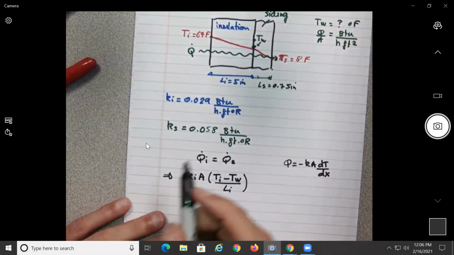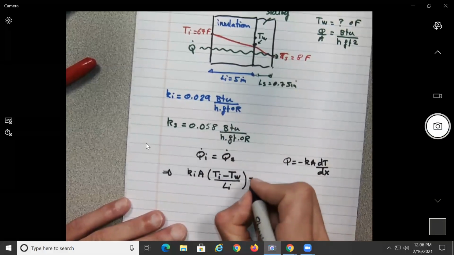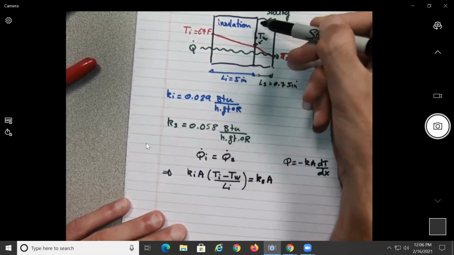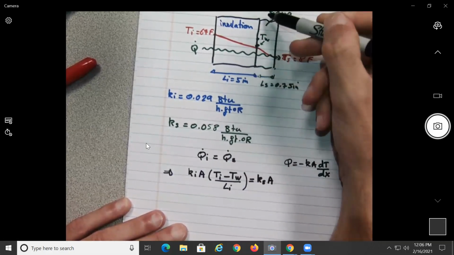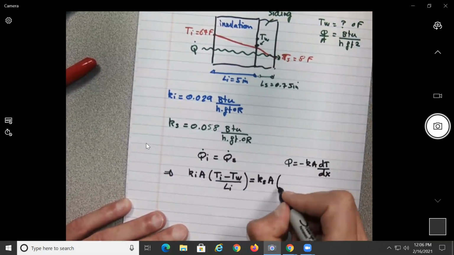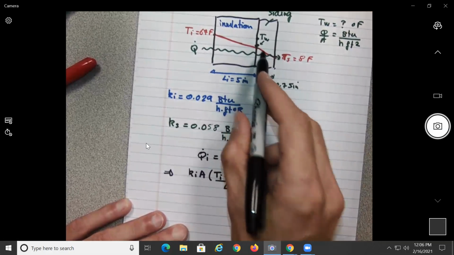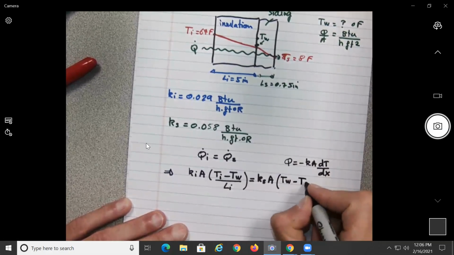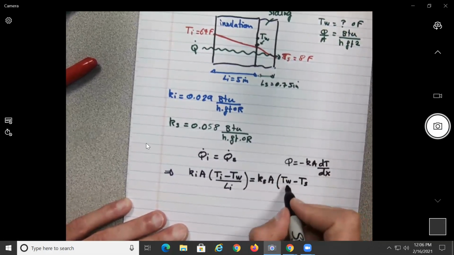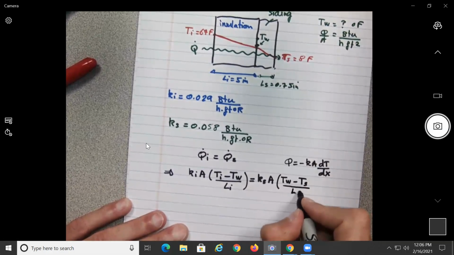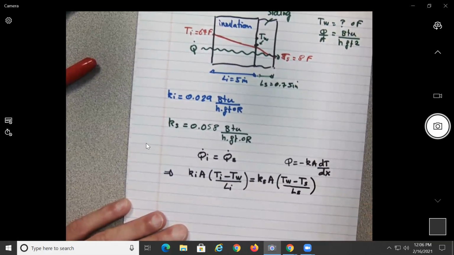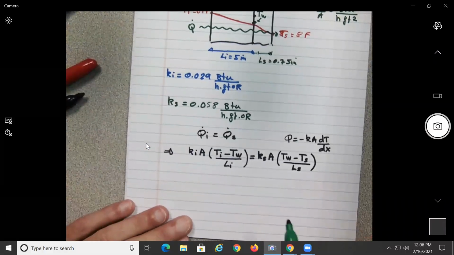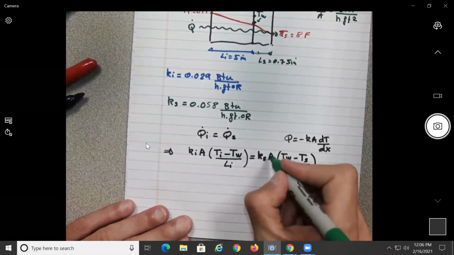Now, all the heat is going to go through the siding. So what are you going to have over here? It should be equal to K siding, same area, on which is exposed. And now what should be the temperature? If I go from left to right, it will be T wall minus T sub S, siding, divided by L sub S. If I look at this equation, what can you say?